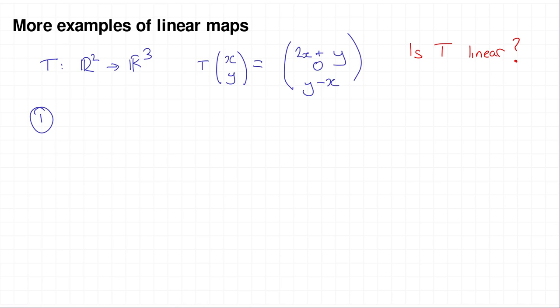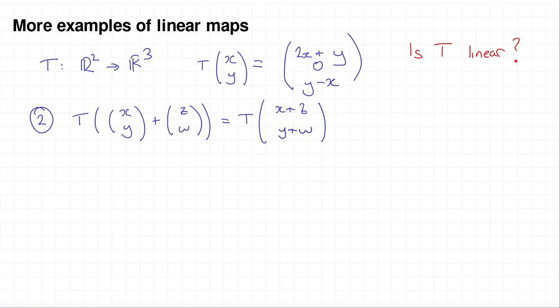So you have two properties that you need to check. So you need to work out T of, let's take two vectors, (x, y) and (z, w). Oh, this is property 2, isn't it? So actually, let's do them backwards. T of (x, y) plus (z, w). Well, that is T of (x plus z, y plus w). And you can work that out.